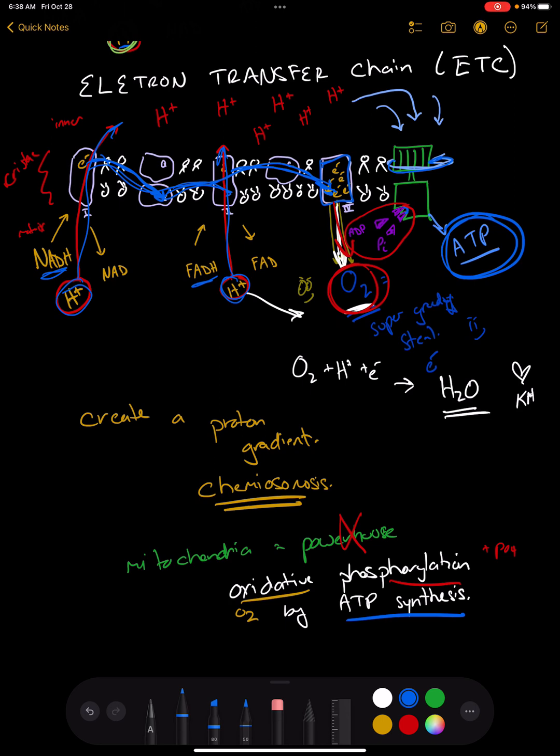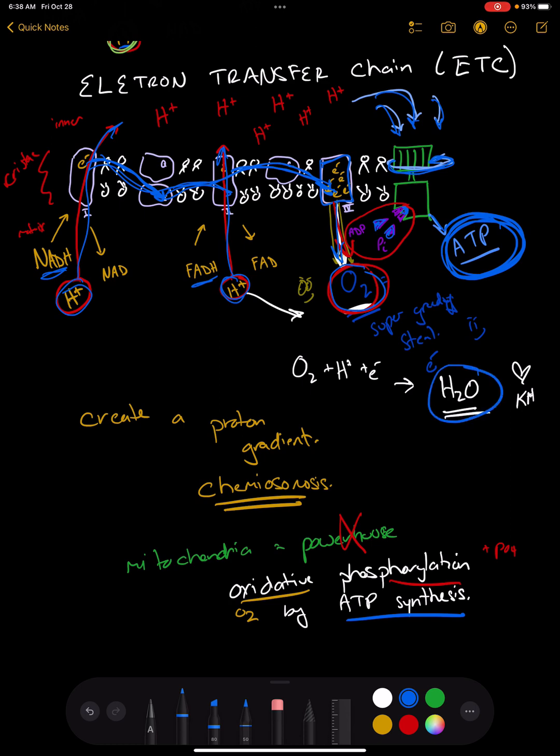Now that I have the protons on the other side in a high concentration, they start to fall through my ATP synthase, which makes it spin. When it spins, it can take my two substrates, the ADP and the P, and facilitate that reaction. I get ATP in the end. And then I need oxygen to pull the electrons out, so that the electrons can keep falling, and that's why I get to make water.